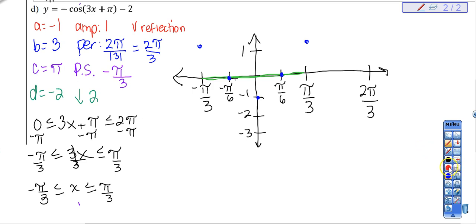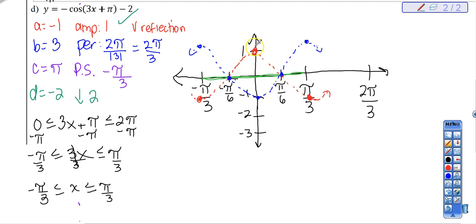But the next thing we need to do is reflect those points, right? So if this was our graph, I'll go ahead and draw it as an intermediate graph. I'm going to reflect my maximums to my minimums and my minimums to my maximums to address the reflection. So this graph would look like this. Kind of a cool design, right? That takes care of my reflection.